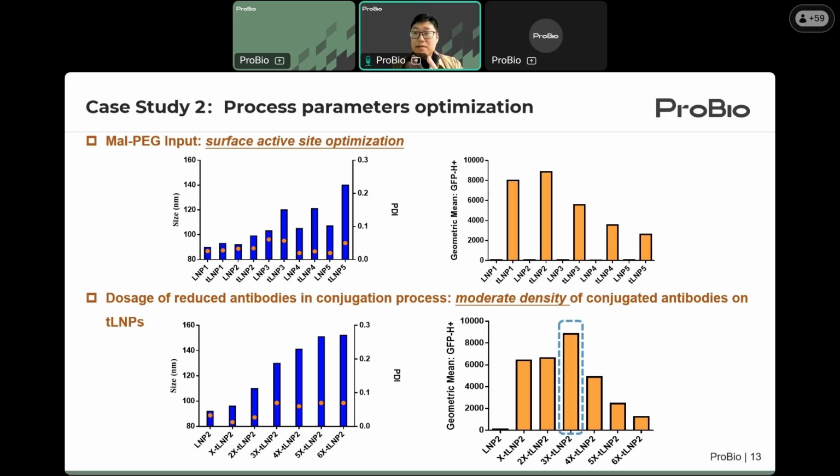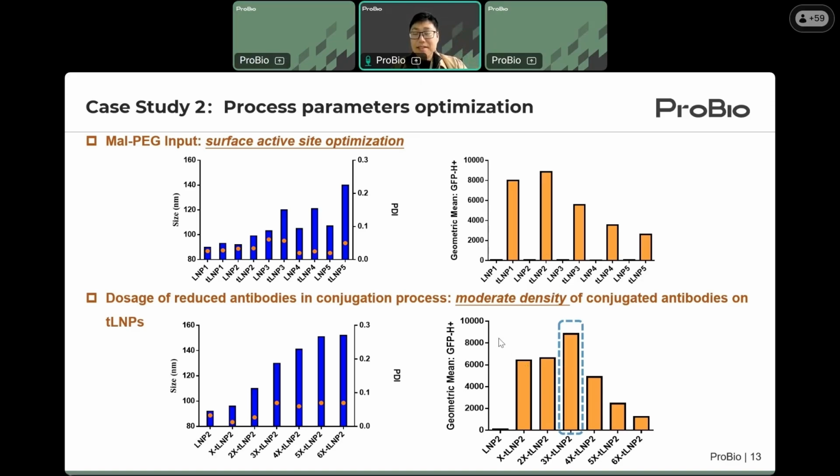We have several reasons for this explanation. The first thing is very clear: if you put more antibodies on the LNP, you increase your LNP size too much. And we know if the LNP size is too large, the cell doesn't like it, right? So it affects the right chart, the yellow bars.